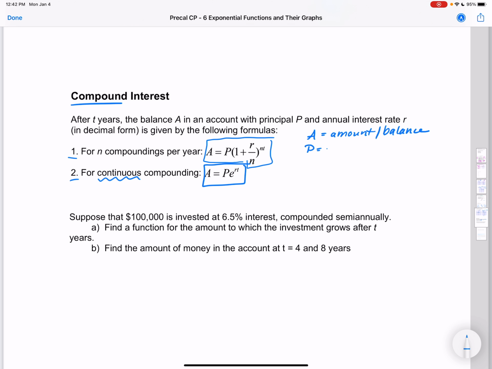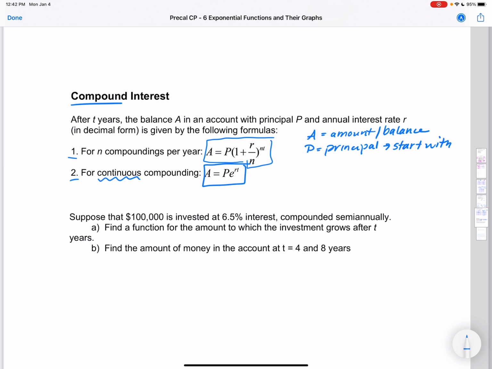The P is your principal, which is the amount you start with. So if you put $100 into an account, that's your principal. And then if you leave it and you get $5 in interest, now you have $105. That's your A. That's how much you have after a certain amount of time.